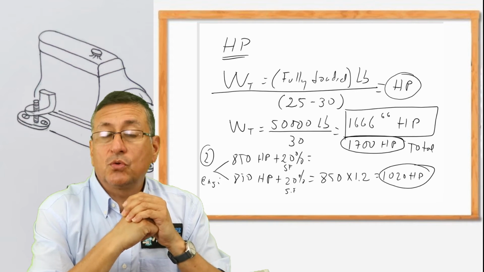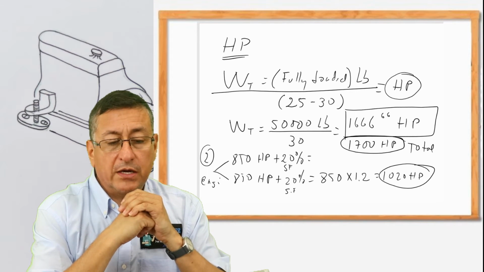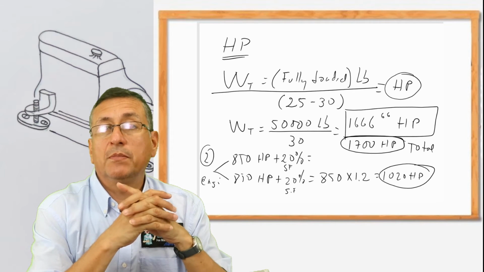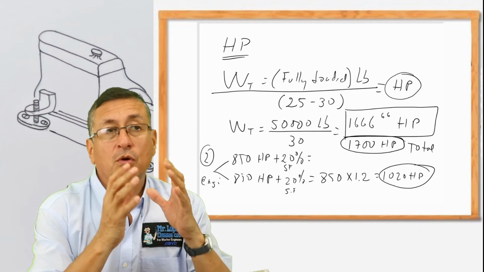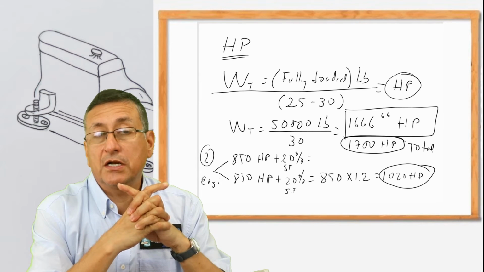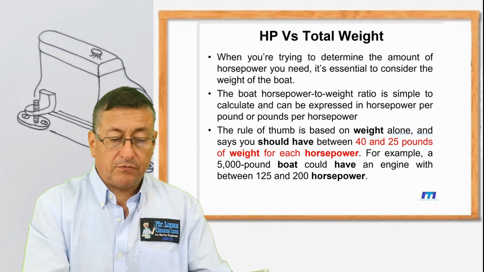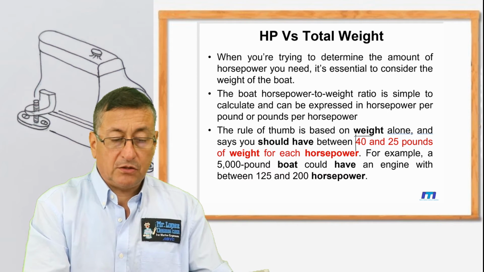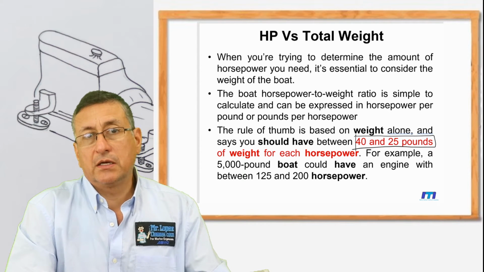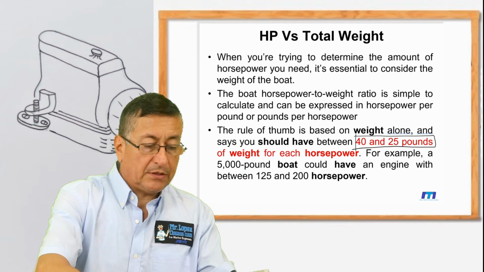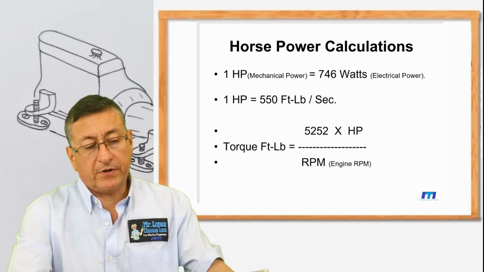This is the procedure to calculate the horsepower required for the boat in order to keep the boat running at the whole speed recommended by the manufacturer. Don't forget, the rule of thumb is to divide the total weight by between 40 and 25. Normally I recommend dividing by 30. This is the recommendation. Okay, my friends.